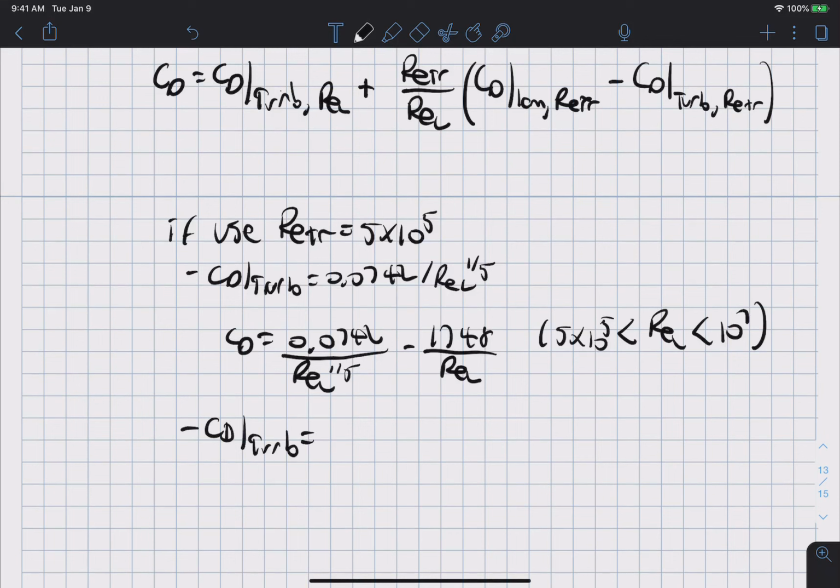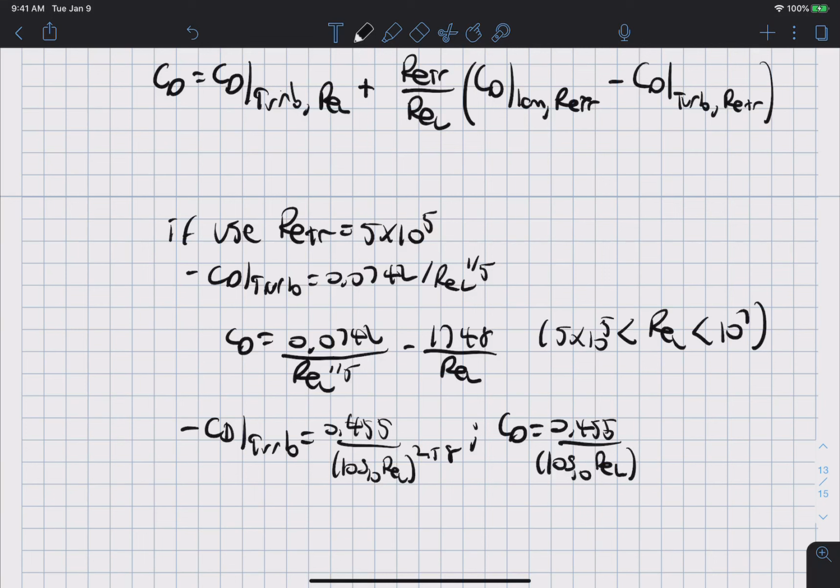Okay, and if you use the other CD for the turbulent equals 0.455 over log base 10 of REL to the 2.58, that implies you'll have CD is equal to 0.455 over log base 10 of REL to the 2.58 power minus 1610, it looks like, over square root of REL.